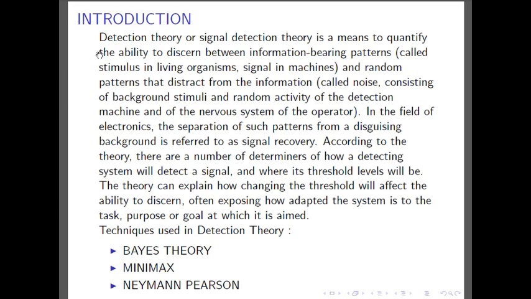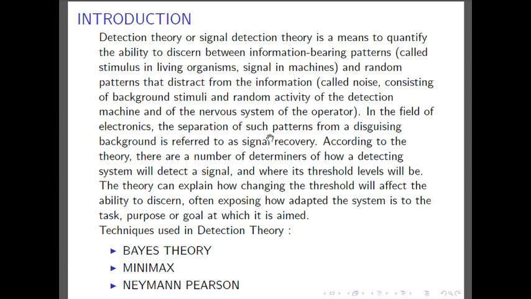What is detection theory? Detection theory, or signal detection theory, is a means to quantify the ability to discern between information-bearing patterns and random patterns that distract from the information. In the field of electronics, the separation of such patterns from a disguising background is referred to as signal recovery.